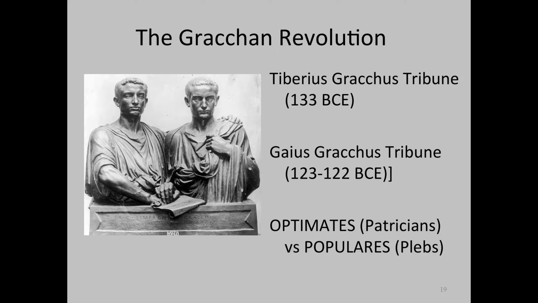So Tiberius's plan was to tap into the public land, which the state had claimed back in the wars of Italian expansion in the past century, and redistribute it. Actually grant the dispossessed farmers plots of land so that they could continue serving in the army.